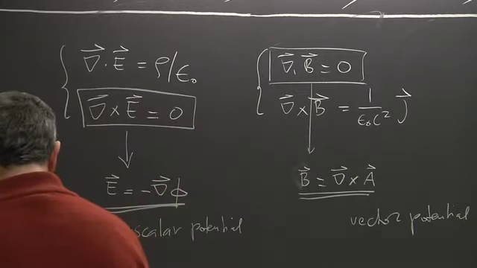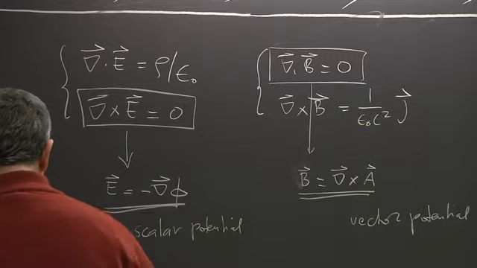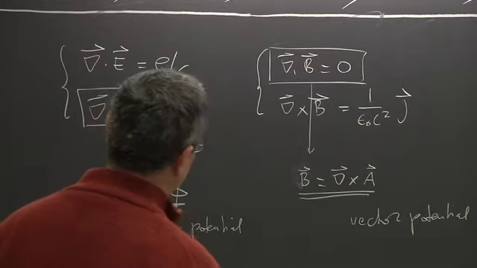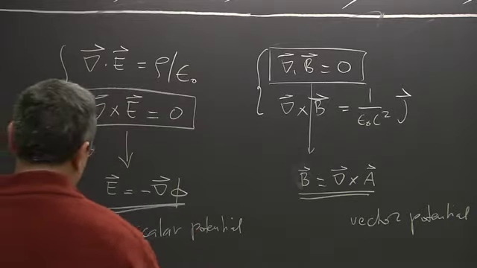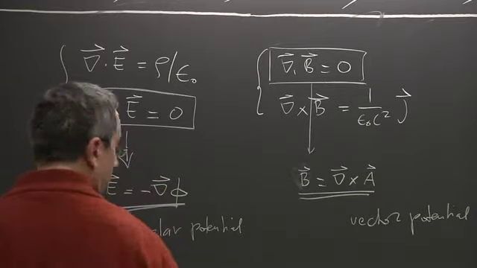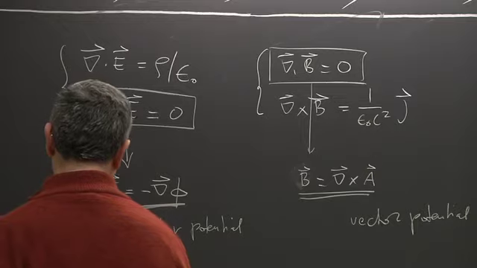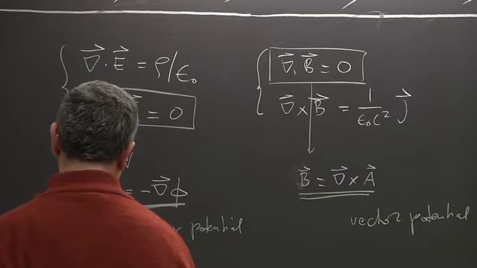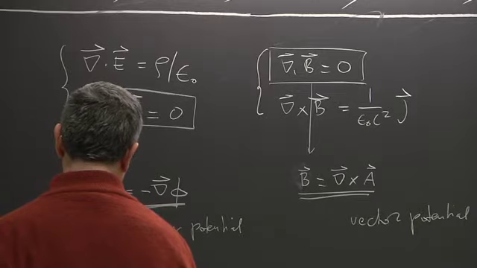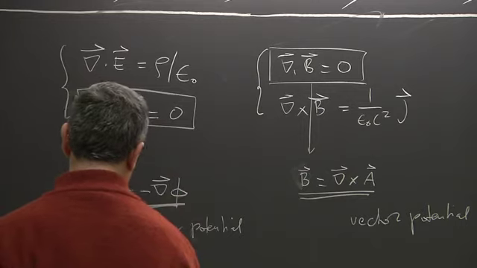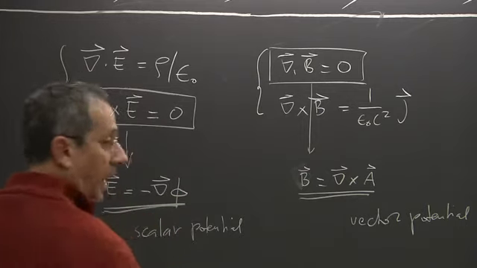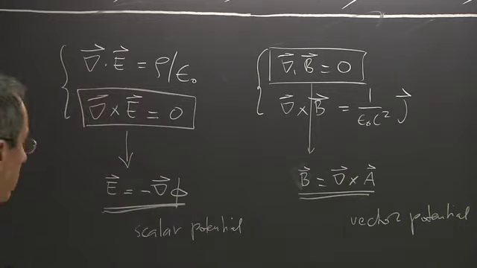So here you have a nice exercise that you can try over the weekend. It's trivial. Verify indeed that if you take the curl of the gradient of a scalar field, this vanishes. So just plug in the components and verify that this is true.